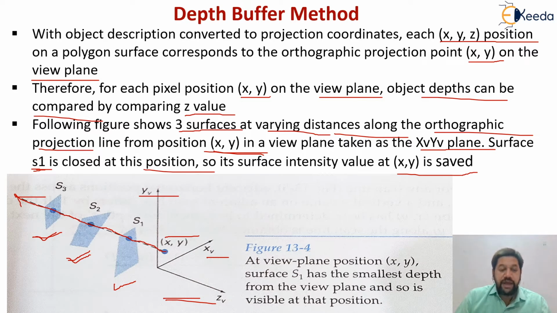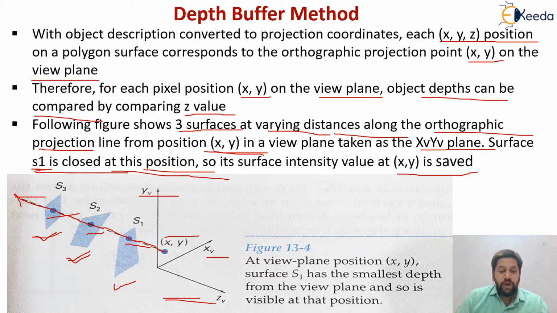In this case, suppose the z value of the S1 surface is greater, or maximum, as compared to S2 and S3. I am talking only about this pixel, this point. For this particular point, suppose the S1 value is greater. Then what will happen? It indicates that the S1 object or polygon is close at this position.